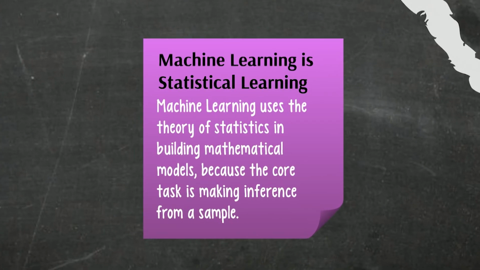So I also want to talk about machine learning as statistical learning. Sometimes these are differentiated, but it's really the same thing. Machine learning is based on the theory of statistics and is built on math because the core task is making inference from a sample. This is exactly what statistics tries to do when you get into things such as probability theory. So a machine learning algorithm is based on statistical properties.